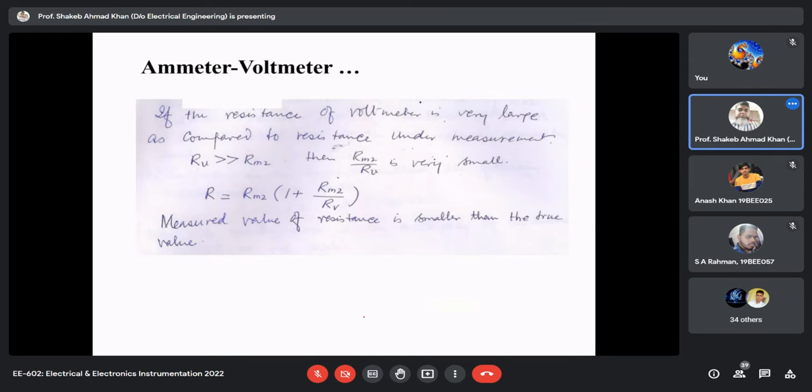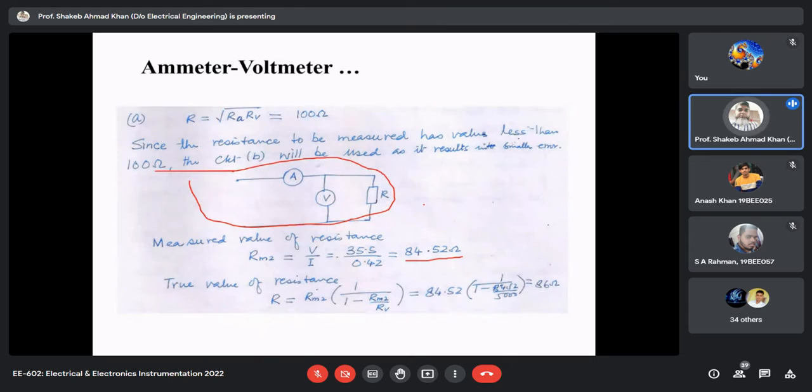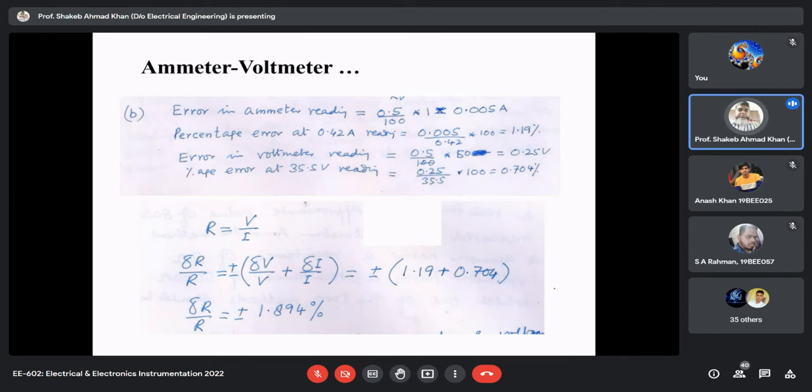This formula we have used over there, and then we got rid of method related error, and this is giving you 86 ohm. Now that part which I tried to discuss is here. In this case, meters are also having error, so we should find out how much error is there because of the meter.